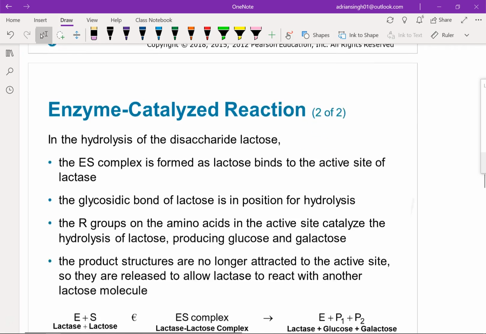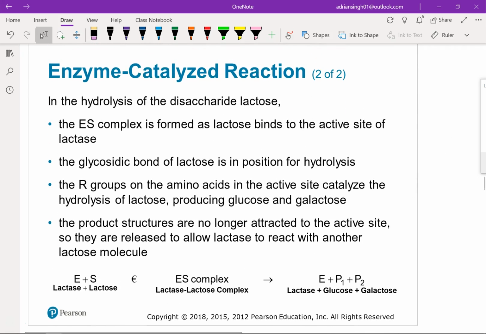So if you take a look at a specific example, we choose the molecule that we talked about before. When the disaccharide, the sugar lactose, is hydrolyzed, right, the enzyme, which would be lactase, and the lactose can come in and form an enzyme substrate complex.